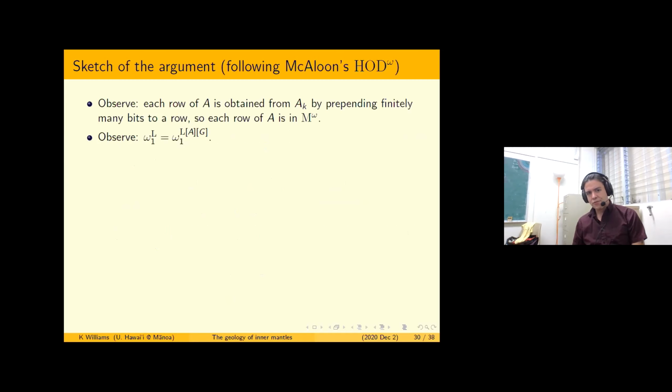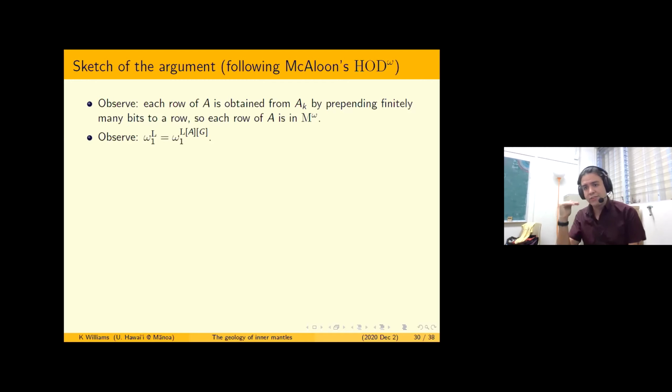So, easy observation, each row of A comes from an A_k by just putting these finitely many bits back. So, if you have this infinite binary sequence, this Cohen generic, and you have 0, 1, 0 as what you cut off, well, you can put 0, 1, 0 back on, so that's going to be in your model.